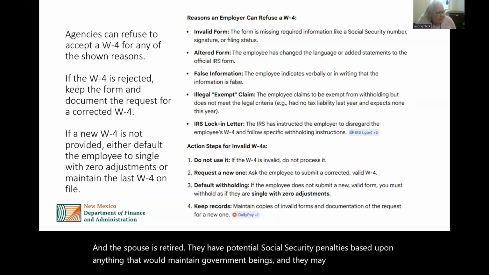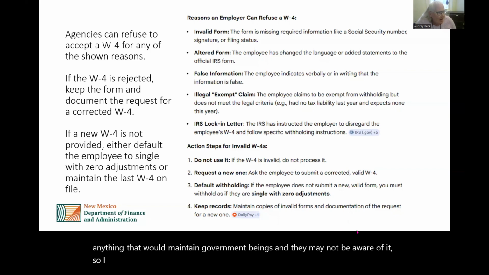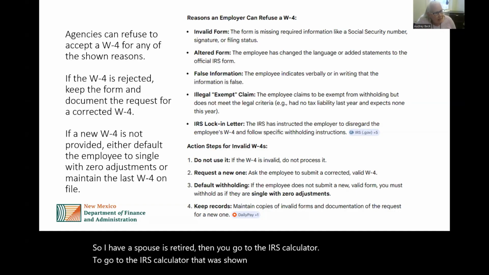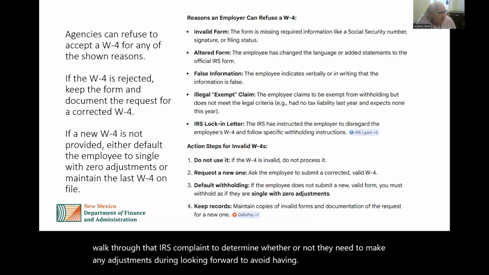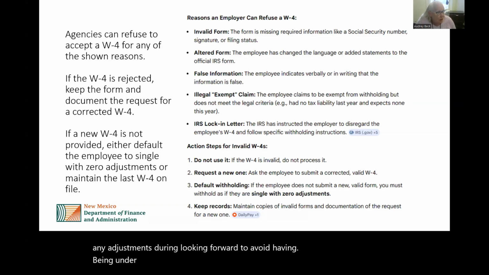So if a spouse is retired, they can go to the IRS calculator. That would be my first response to them, would be to go to the IRS calculator that was shown through that link, and have them actually walk through that IRS calculator to determine whether or not they need to make any adjustments to their W-4 to avoid being under withheld, in which case they would incur penalties and interest, or being over withheld and giving the government a tax-free loan throughout the year.